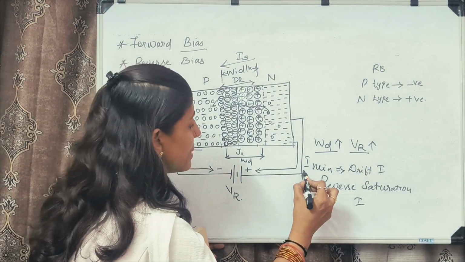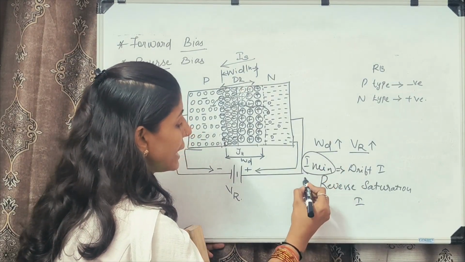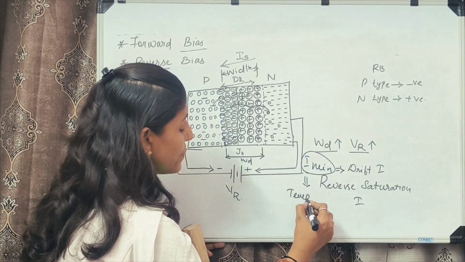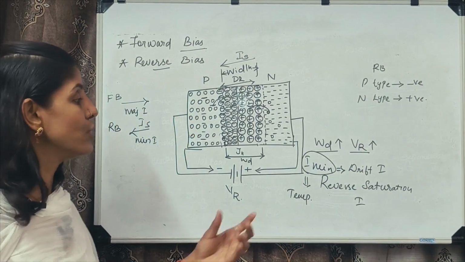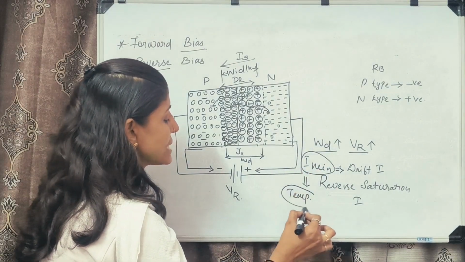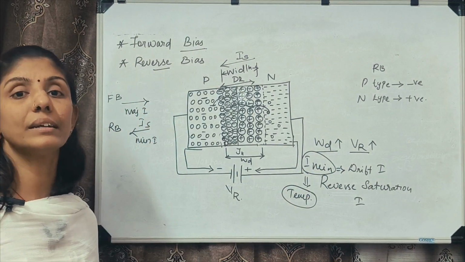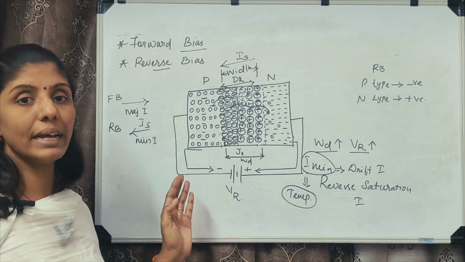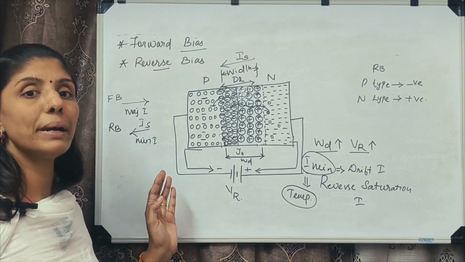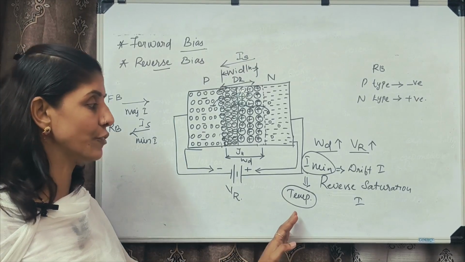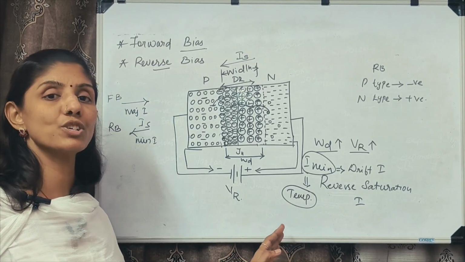This minority current, the reverse saturation current, happens because of the temperature. But if it is a majority current, it happens because of the application of an electric field. If it is a drift current, it happens because of the temperature.